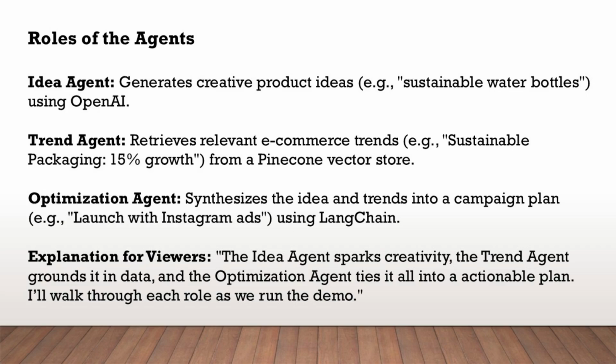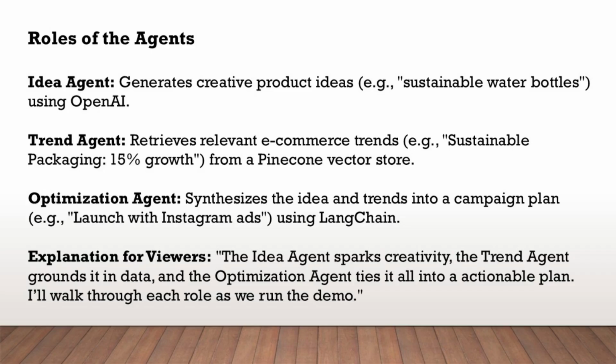Roles of the agents. First, the idea agent generates creative product ideas, for example sustainable water bottles. When we type sustainable water bottle, it showcases different ideas. This agent takes the crucial part in building up ideas for the given content, really for the e-commerce campaign purpose.